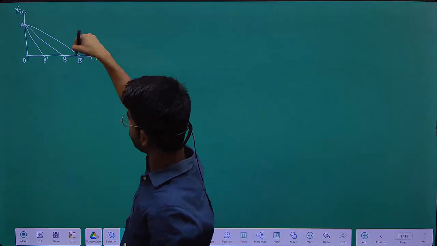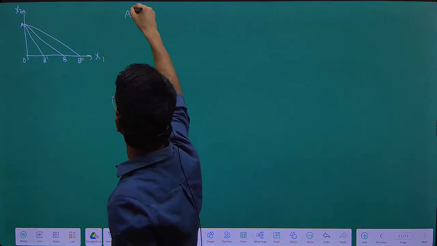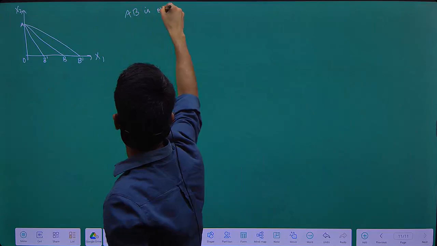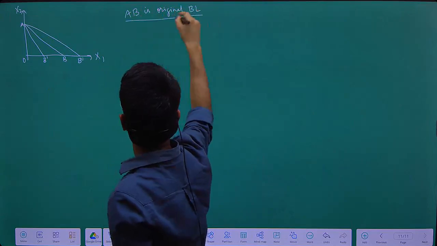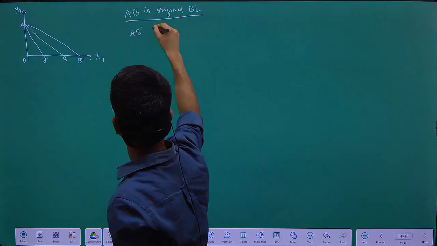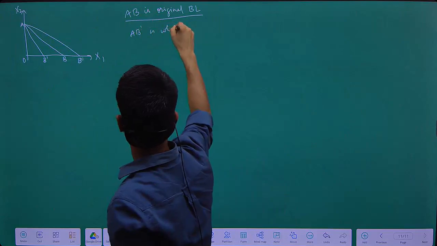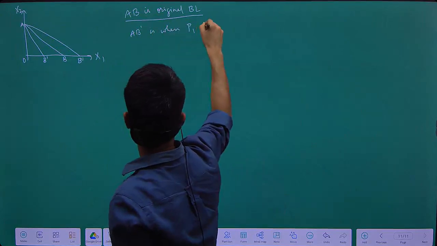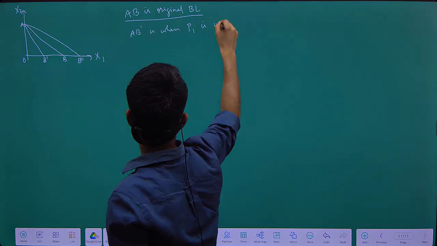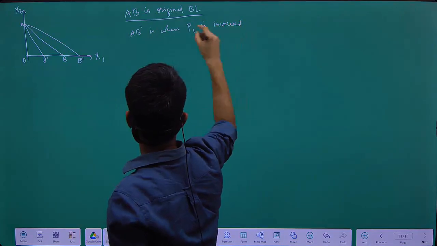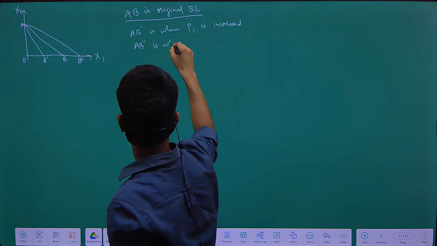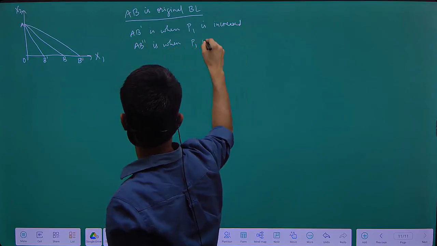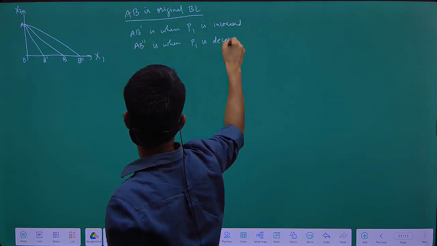So this is what you have. AB is the original budget line, and AB dash is when P1 is increased, and AB double dash is when P1 is decreased.